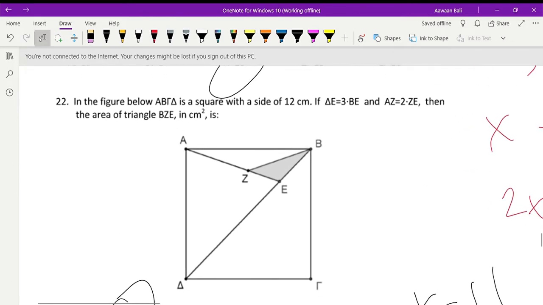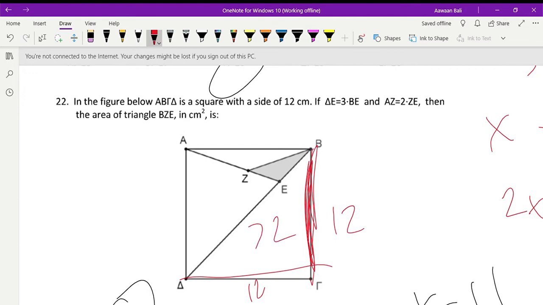So we know this side here is 12 centimeters. So that's 12, and so that becomes the area of the half of a square, 72. Now, if we look at this, it says this is 3 times this, which means that the area is definitely 3 times this area.